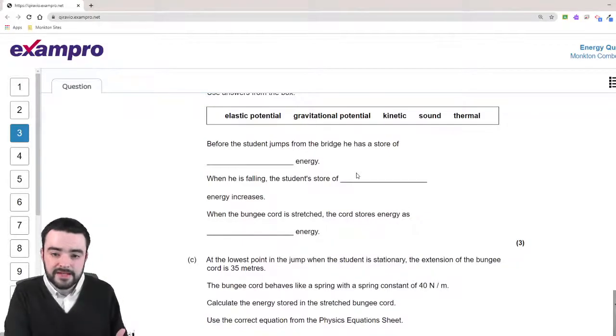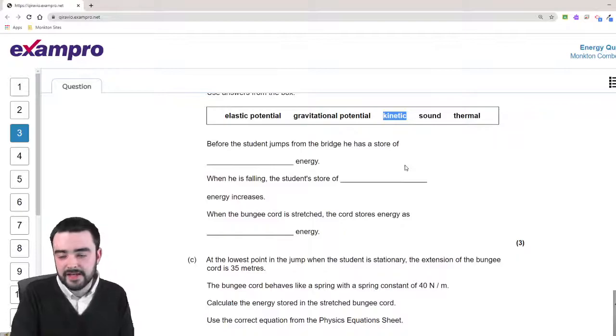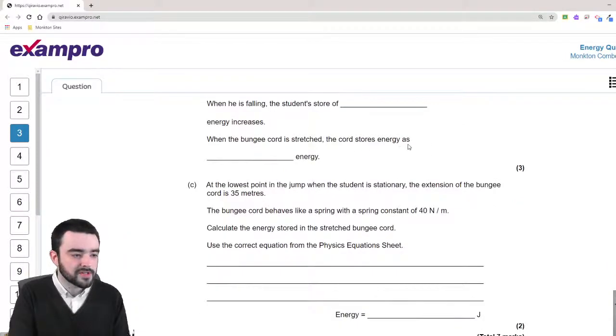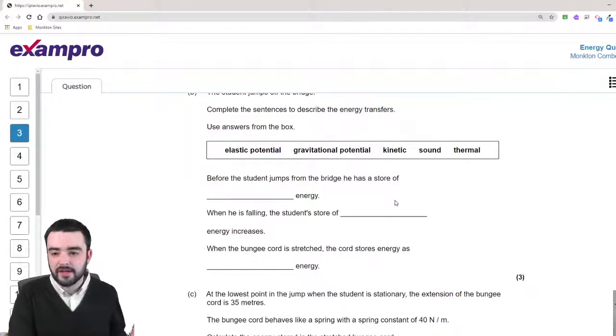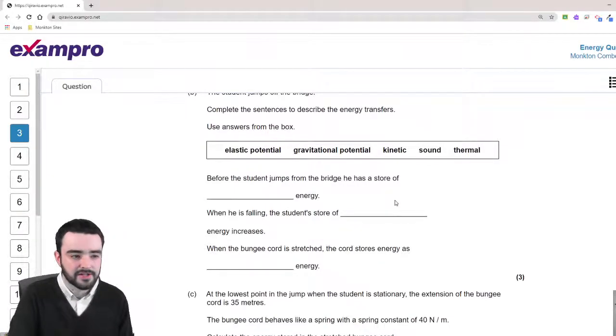So if speed is increasing, that should tell you that kinetic energy is changing, and because you're increasing in speed, you're going to be increasing the kinetic store. When the bungee cord is stretched, the cord stores energy as something. Well, we've got that keyword stretched in there, so hopefully that should indicate to you elastic potential.